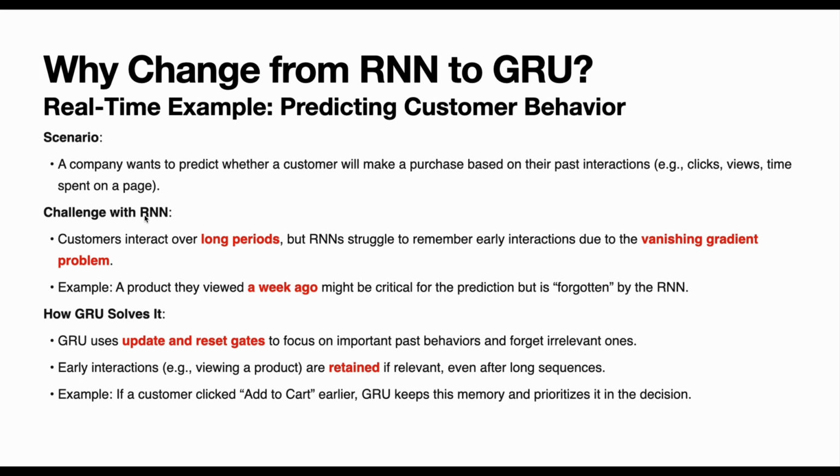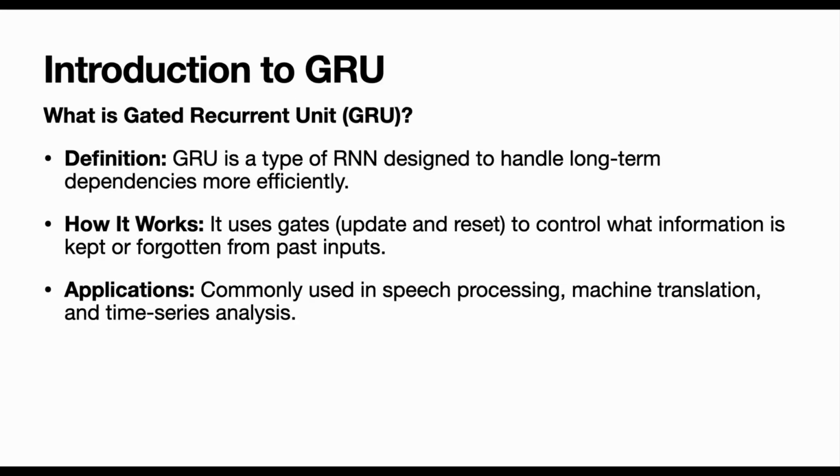This means important information, like a product viewed a week ago, is often forgotten by the RNN. GRUs solve this issue by using update and reset gates, which help retain relevant information and discard unnecessary data. For example, if a customer clicked Add to Cart earlier, GRUs prioritize this critical information even after processing a long sequence of interactions, improving predictions.